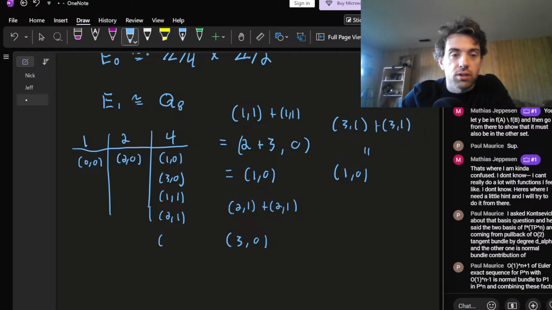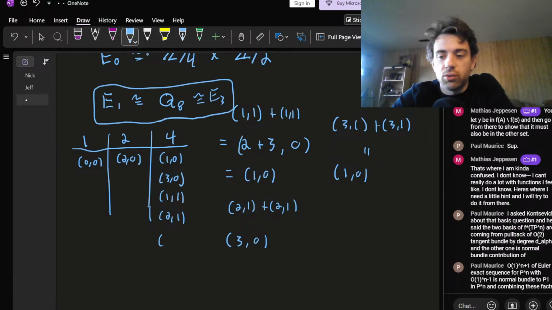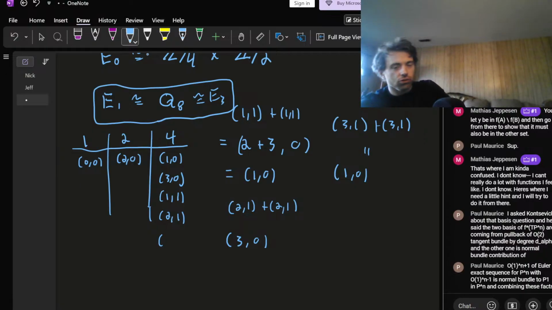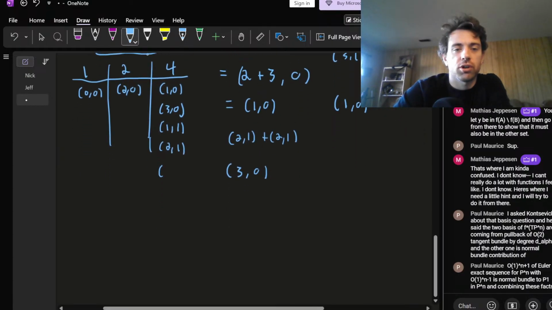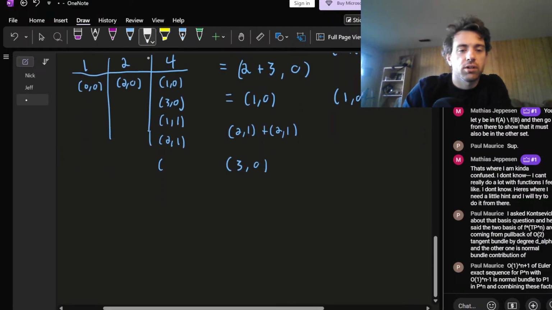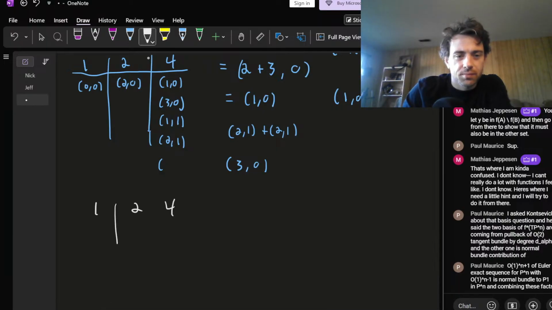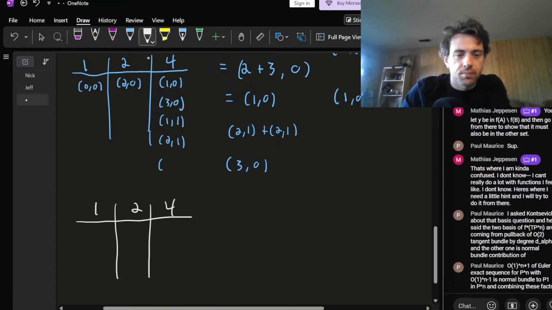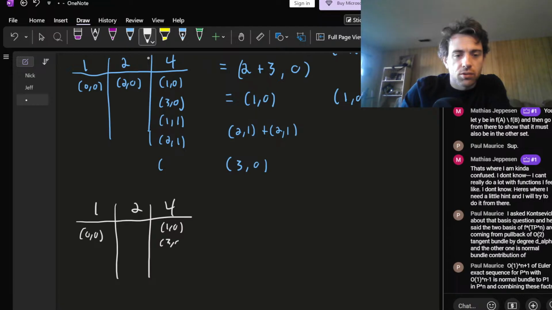So, okay, this one, I was right. This also has to be Q8. And so I'm pretty sure that E2 has to be the dihedral group. I think just by counting groups, because we know each of the isomorphism classes should show up. But I do want to just double check. So 1, 0, 3, 0, 2, 0. Let's check 1, 1.